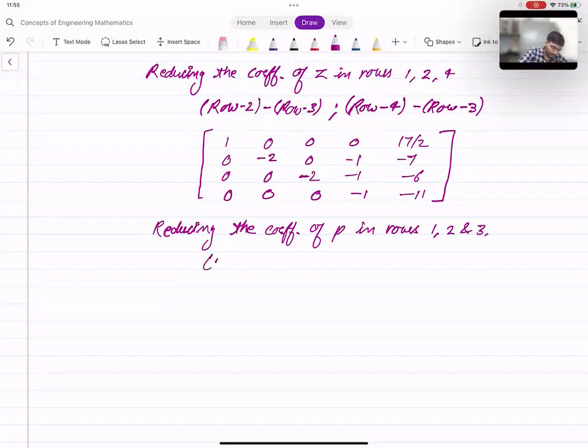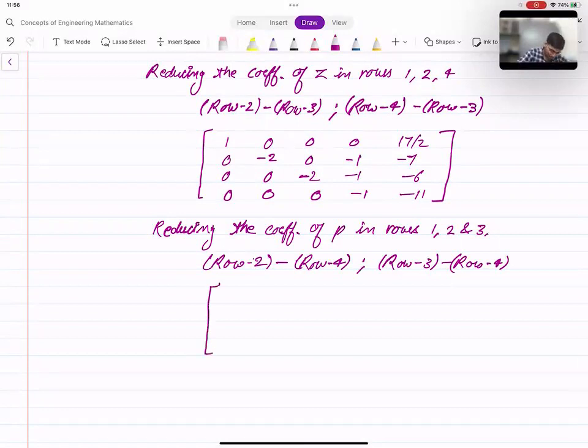So how can it be done? For row 2, we can simply subtract row 4, so row 2 minus row 4. Similarly for row 3 also, we can simply subtract row 4, so row 3 minus row 4. This will reduce the coefficients of p in rows 2 and 3.